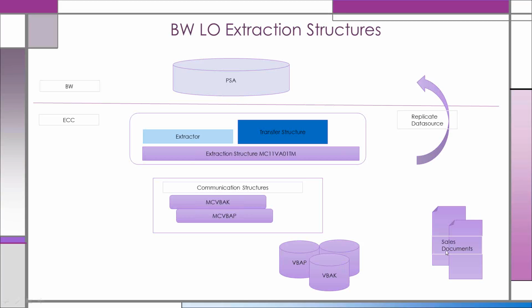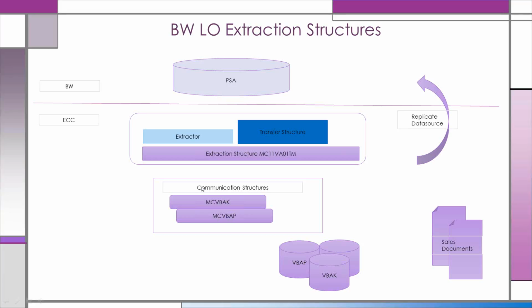So whenever you create a sales document in ECC, the data are stored in the primary tables, and from the primary table data goes to a place called the communication structure. This structure will have the same data from multiple tables. This is a kind of a view. There are two different communication structures which I've taken here for our example. One is VBAK, VBAP.